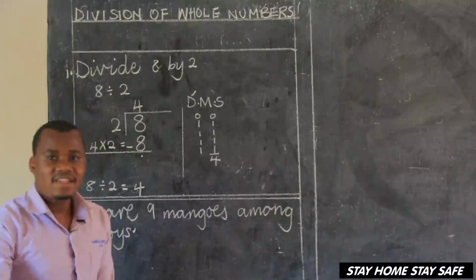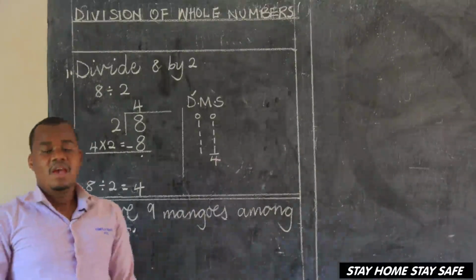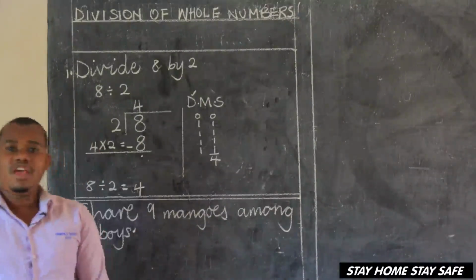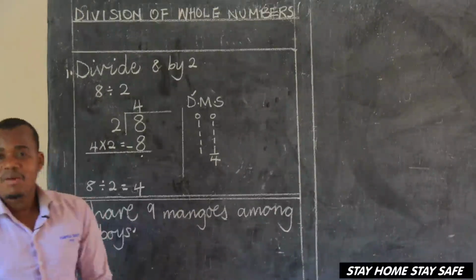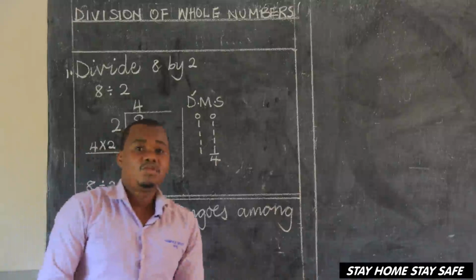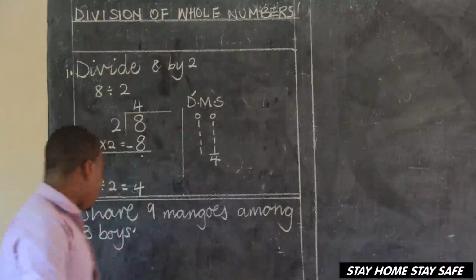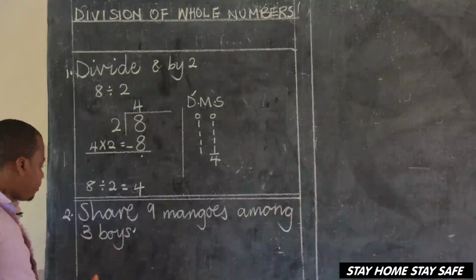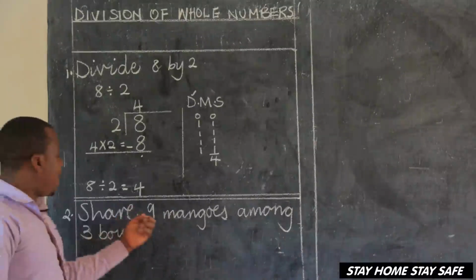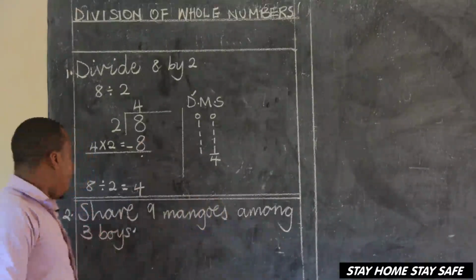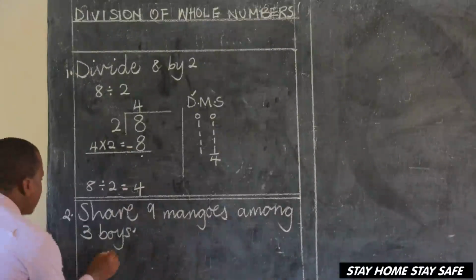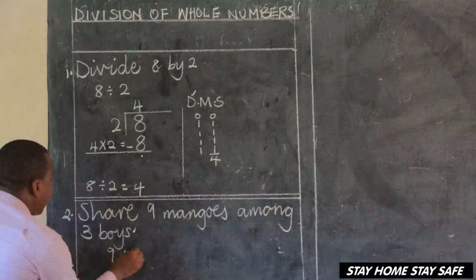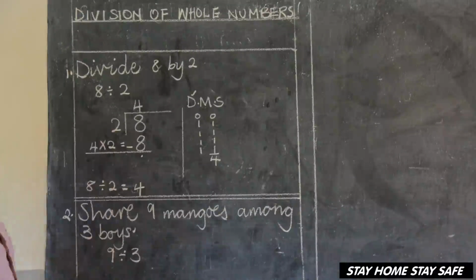We share things by dividing. When they give you some money and say, share this money, you will share by dividing. Give someone something, give another one, give another one. So we are sharing. Now, what are we going to do? If we are sharing 9 mangoes among 3 boys, this means we are going to have 9 divided by 3. As simple as that.